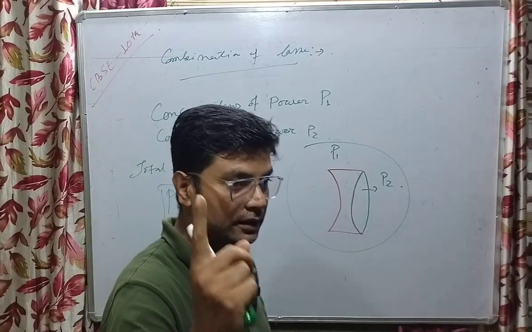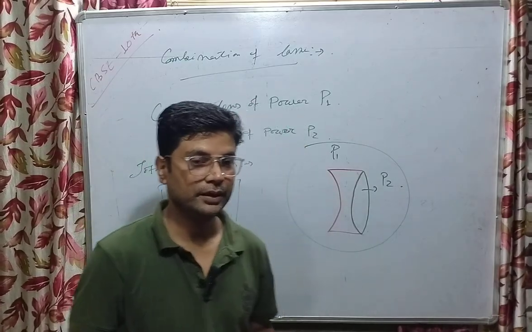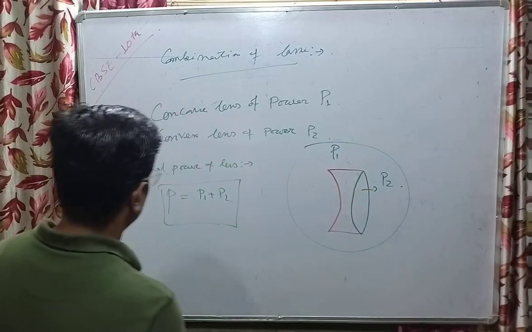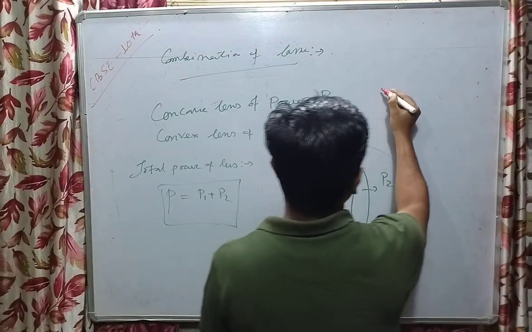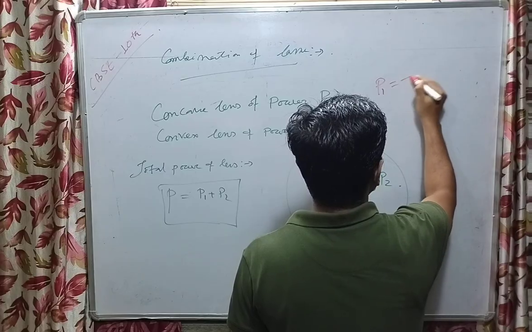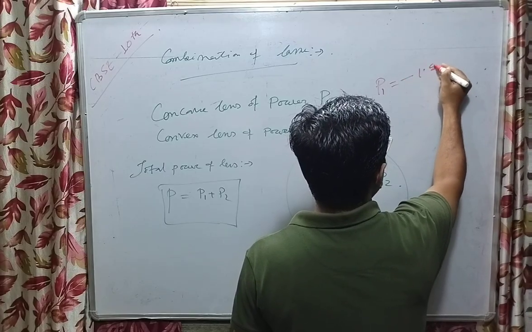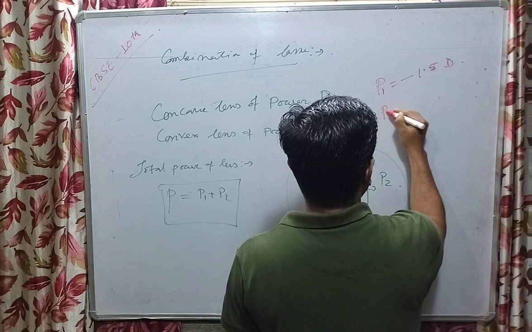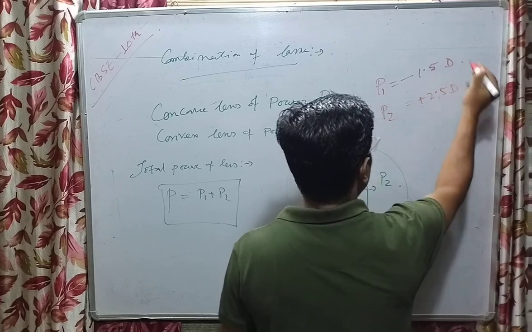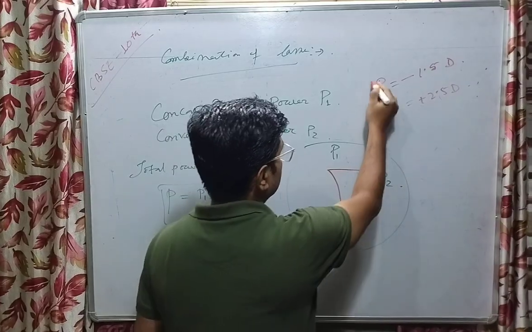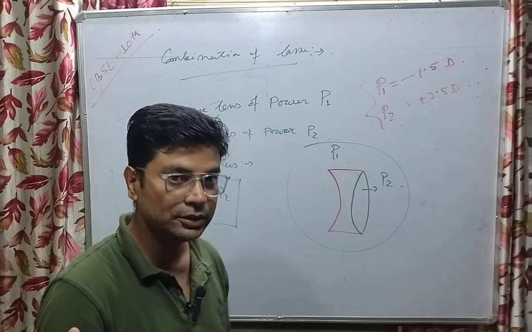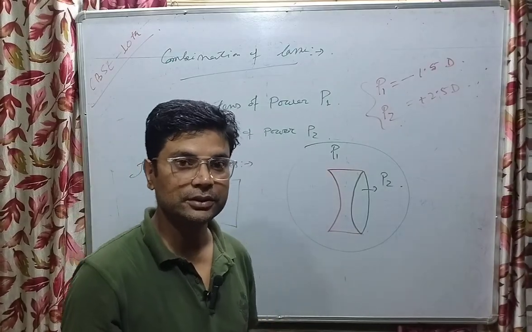But there will be another important factor. Let's try to understand with the help of an example. Suppose power of lens P1 is minus 1.5 diopter and power of lens P2 is plus 2.5 diopter. Now combining P1 and P2, I can form another lens.